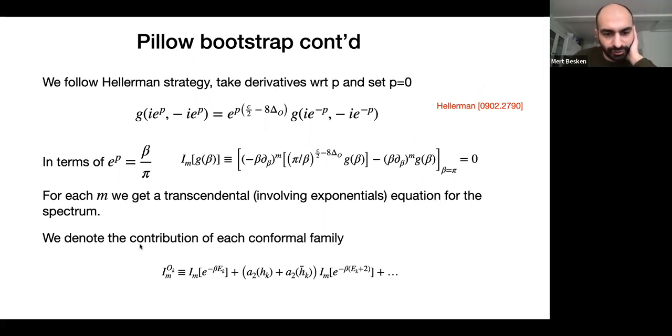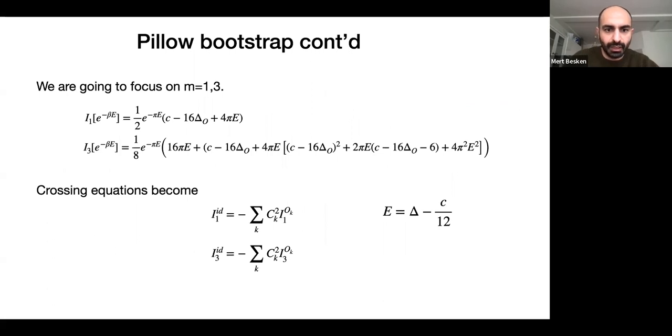And I'll denote the contribution of each conformal family by these I_m here, acting on a term like this, and the next term in the expansion will have these recursion expansion coefficients and so on. And here I'm writing this functional which I'm denoting I1.